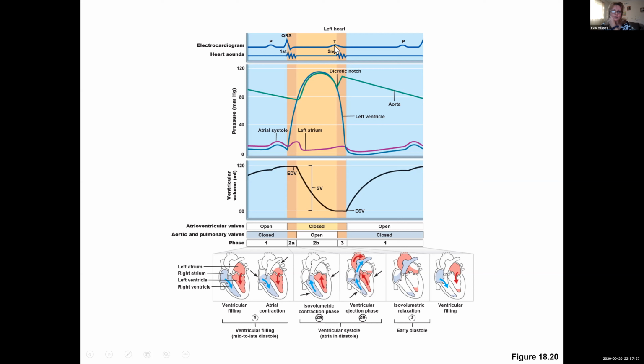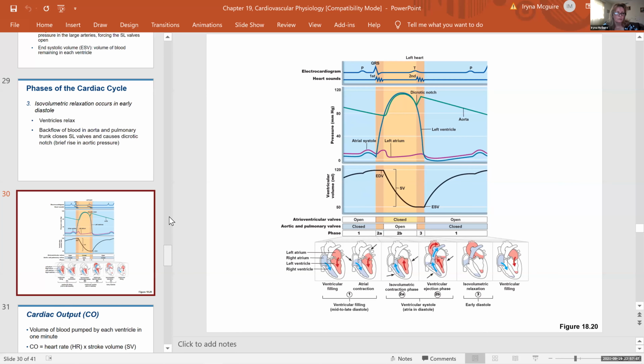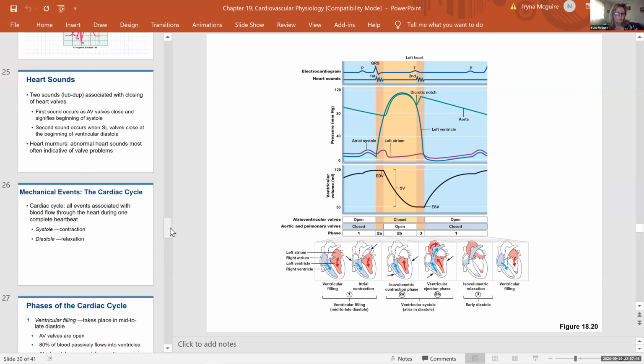And then we have the T wave over here, and after that the ventricle relaxes, right? And also you can see the first sound and second sound will happen over here in phase 2A and in 3.